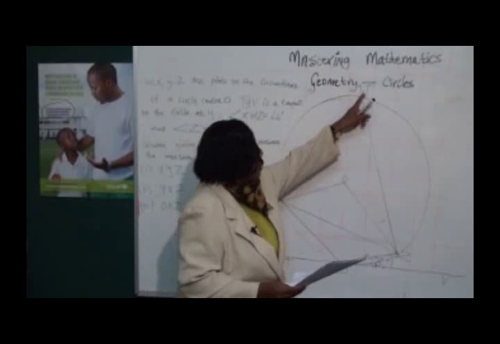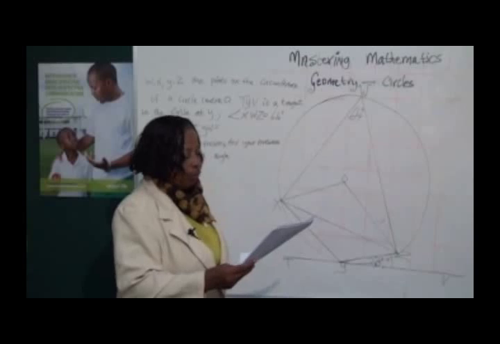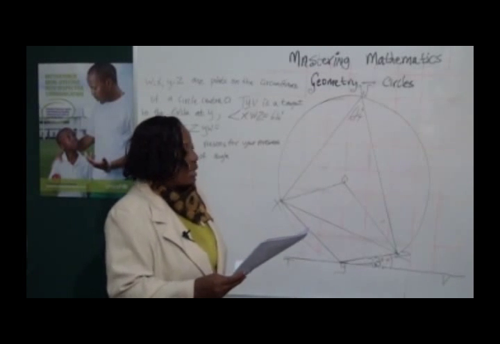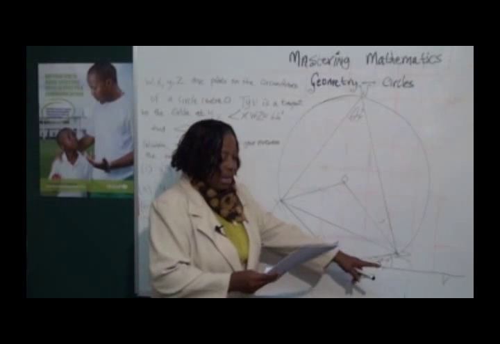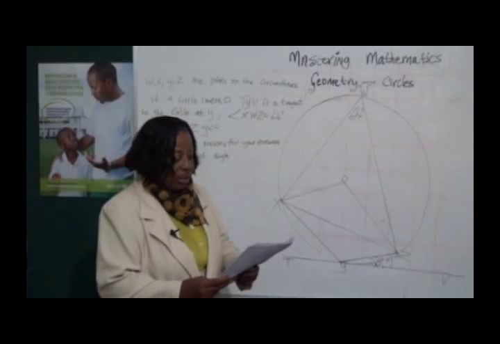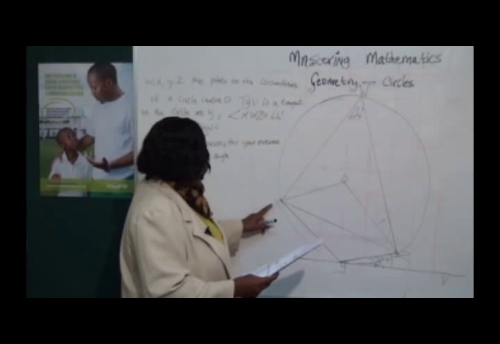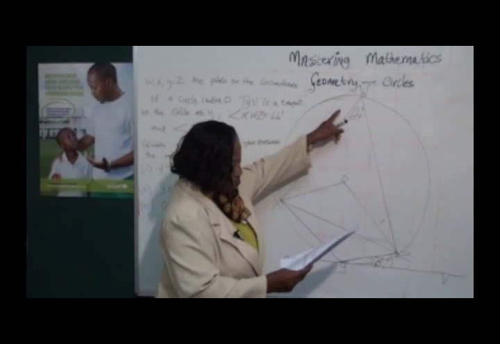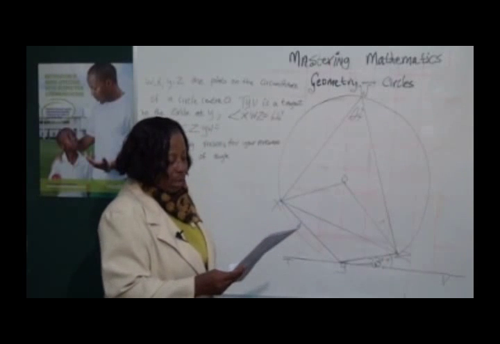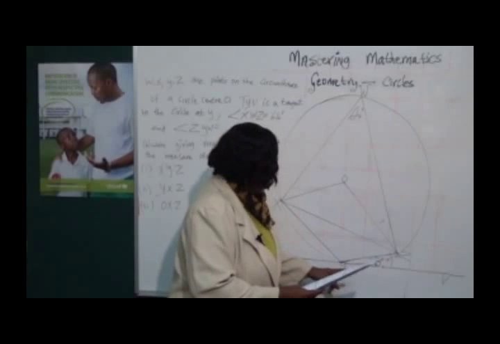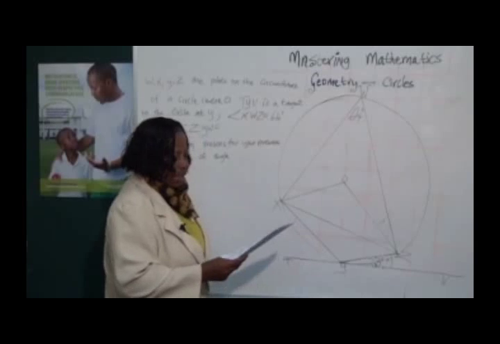W, X, Y and Z are points on the circumference of a circle, and the center of that circle is O. TYV is a tangent to the circle at Y. Angle XWZ is equal to 64 degrees. And ZYV is equal to 23 degrees.